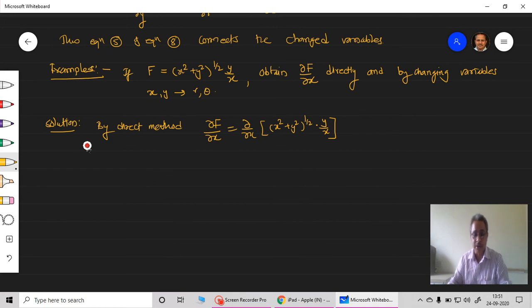Note this is a product, so first differentiate this, keeping the second as it is, and second time keep the first as it is and differentiate this. x is in the denominator, and here it is (x square plus y square) raised to half. So this differentiation with respect to x gives me 1/2 comes out, then (x square plus y square) raised to half minus 1 is raised to minus half, and therefore this can be taken in the denominator, and therefore it becomes (x square plus y square) raised to half in the denominator.